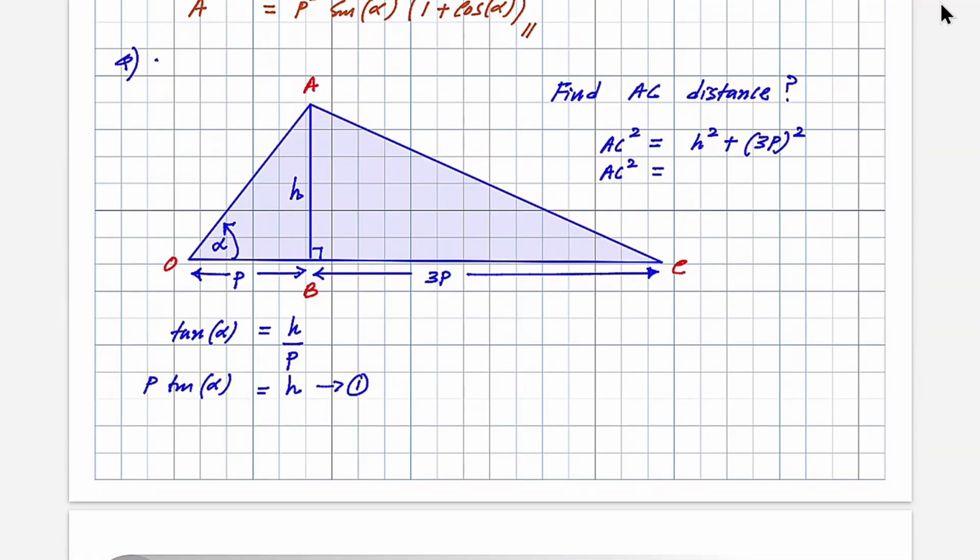H squared is going to be P squared tan squared alpha, right? Plus 3P whole thing raised to the power 2. Now what is AC now? AC is P squared tan squared alpha plus 3P squared, square root, right?